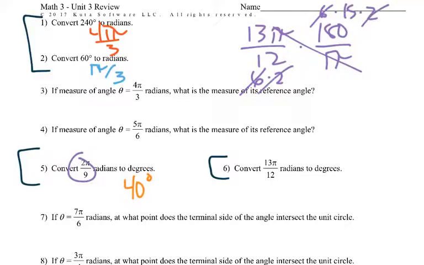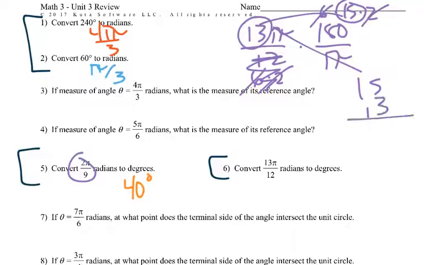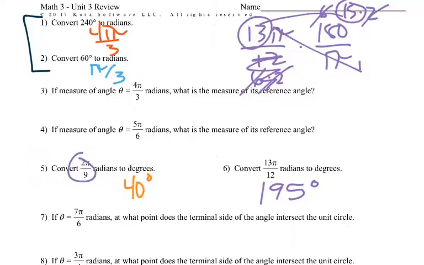So the 2's could cancel out. So then I'd be left with 15 and 13 multiplied together. Now you could just type this into a calculator and get your answer as well. So we'd get 195 degrees. Alright, there's converting.